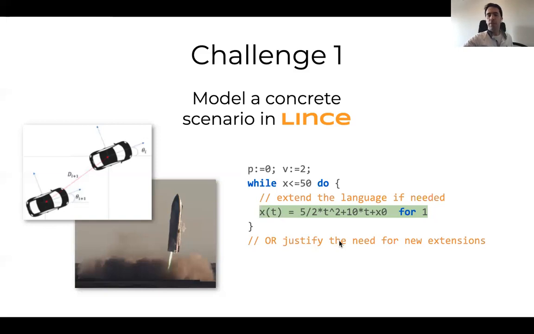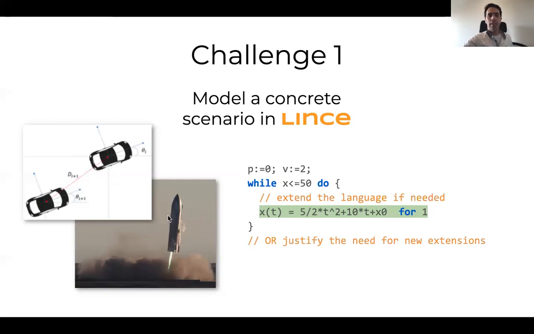And there might be other extensions that might be useful. So this challenge, besides possible modeling, is justifying, using the model, how new extensions could be useful, or even extending them yourselves if you want to get your hands a bit dirty. Then it's also possible to try to provide these extensions. So this is a possible challenge: scenarios and extensions to be able to model and specify something new.